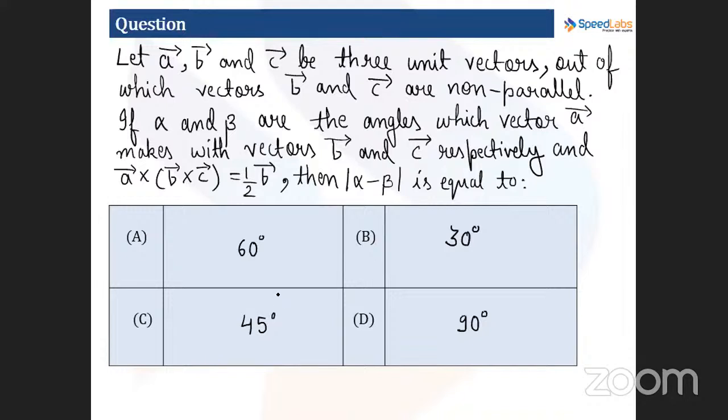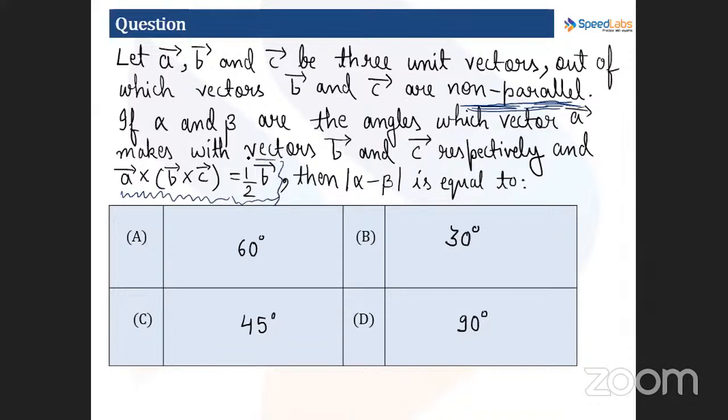Okay, let's discuss how to solve this question. What is given is that B and C are non-parallel. I'm sure this will be used in the question somewhere. I think this is a hint. If alpha and beta are the angles which vector A makes with vectors B and C respectively, and it is given that A cross (B cross C) equal to half B vector.